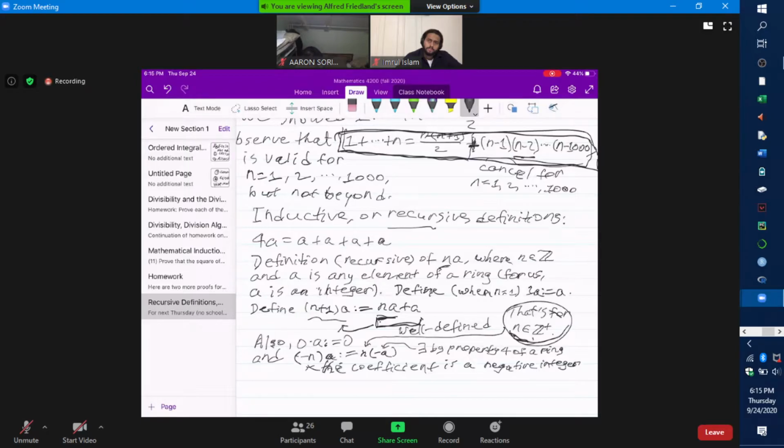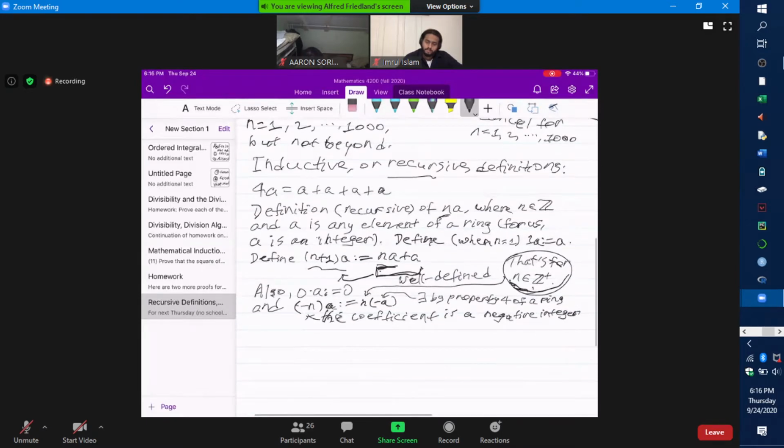And negative a is an element of the ordered integral domain. For us, the ordered integral domain that we're talking about is the integers, Z. And so we have defined integral multiples of any number. And as I say, it goes beyond that. But for us, we've now told what it means to write na when n is positive, negative, or 0, and an integer, of course.